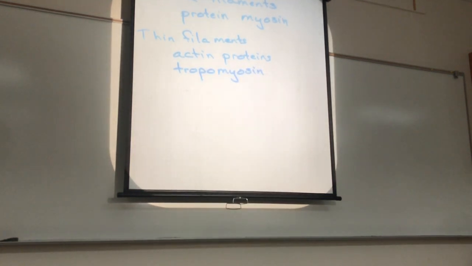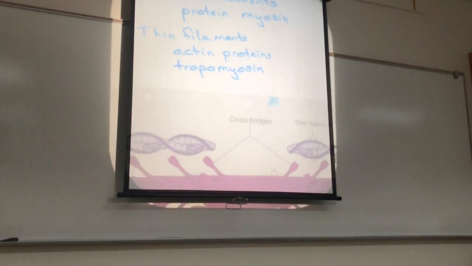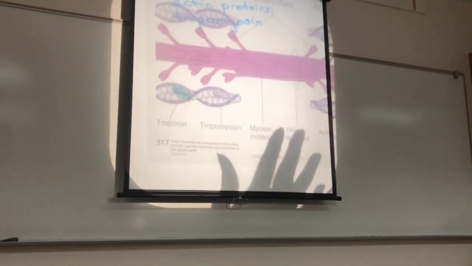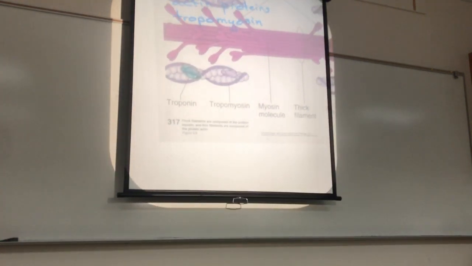Tropomyosin is a fibrous protein, and you can see in this picture that it's wrapped around the actins. When you push the actins together, they form a kind of helix, a groove. And the tropomyosin is strung along these grooves, wrapped over and around the actins.